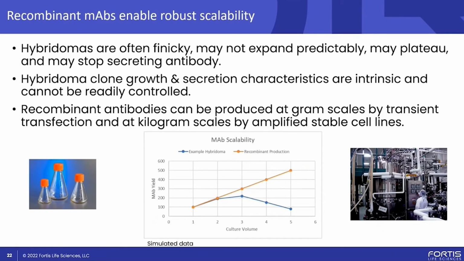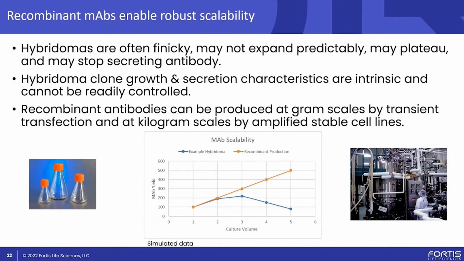In order to take advantage of an antibody in some applications, it's important to be able to make a lot of that antibody. And so that means you really have to be able to robustly scale the antibody in order to meet need. One issue with hybridomas is that they are often finicky. So each hybridoma is really its own cell line.